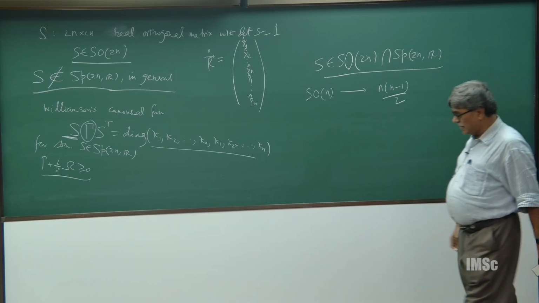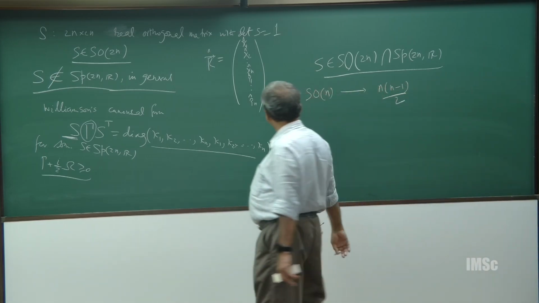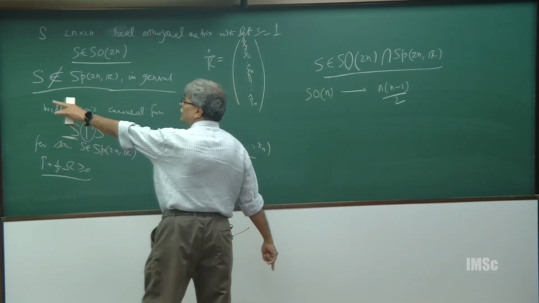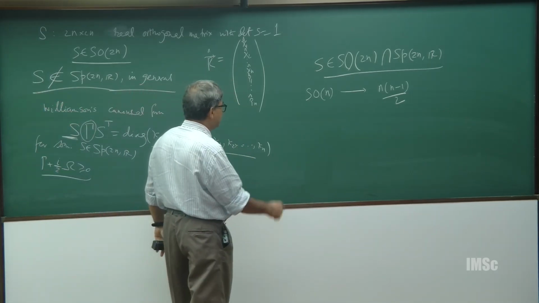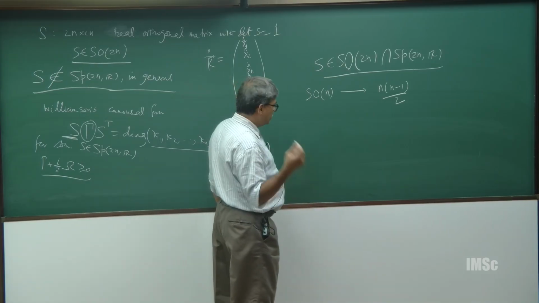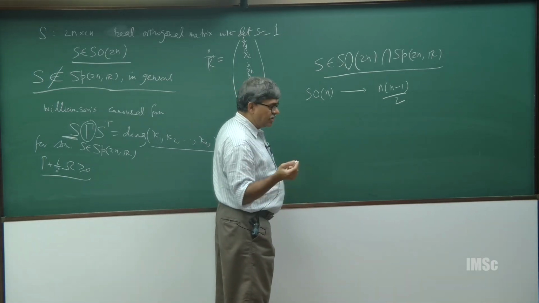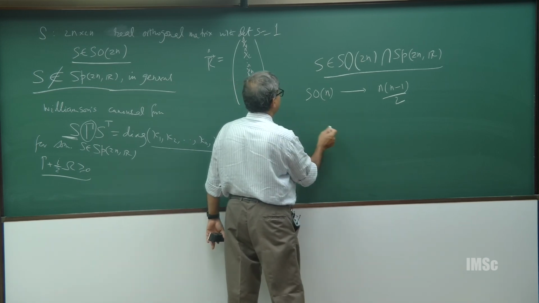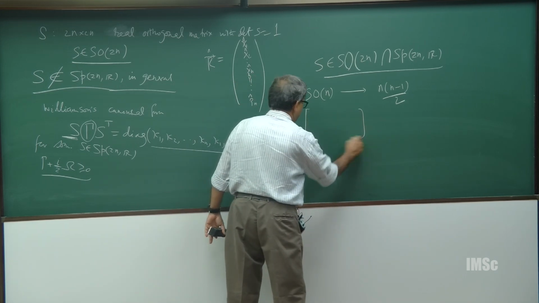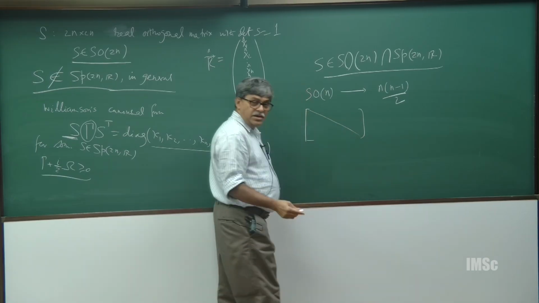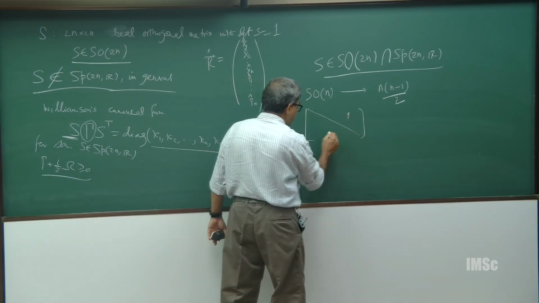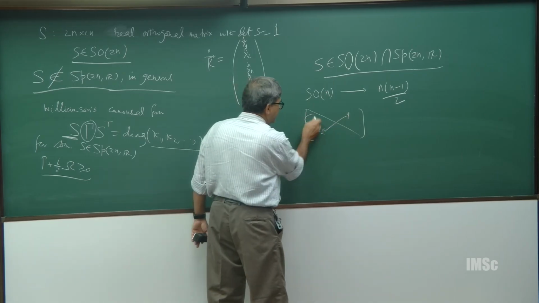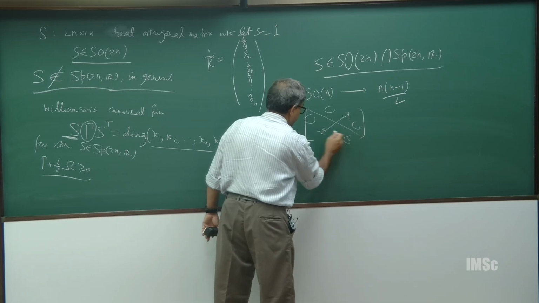For example, you can take as its generators, that means the Hamiltonian, these kind of operators, which are not necessarily Hermitian, these are anti-Hermitian. So its generators you can take to be something like this: these are the matrices where somewhere you take 1 and in the reflected position you take minus 1, everywhere else 0.